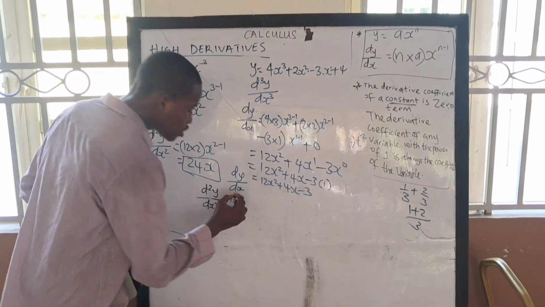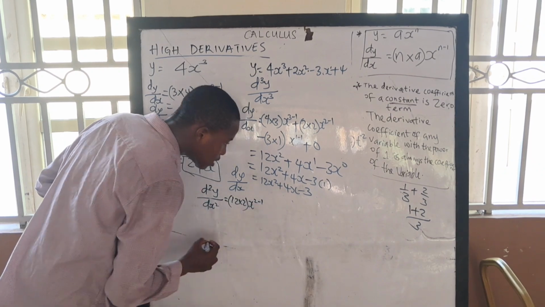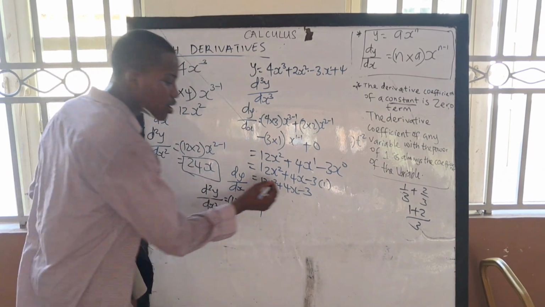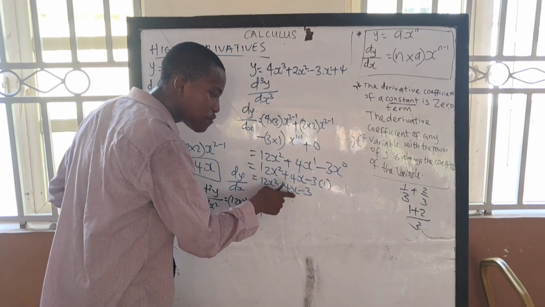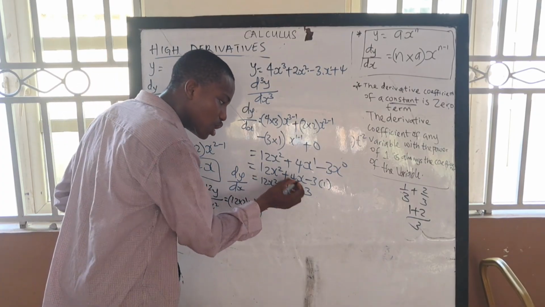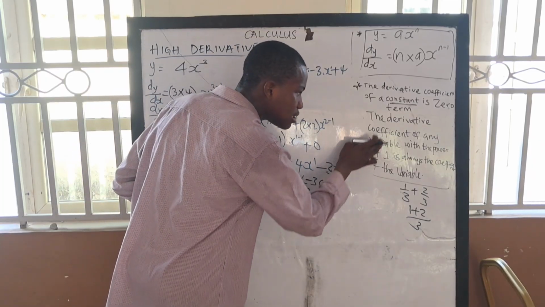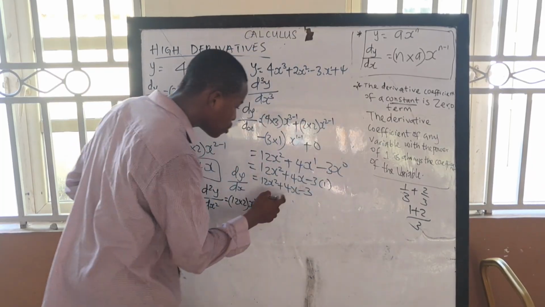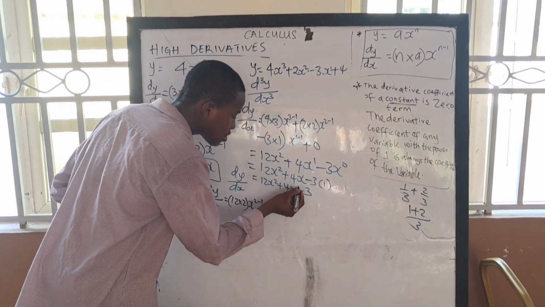Differentiating this is what? 12 times 2, right? x squared power 2 minus 1, plus, normally I know that the answer is 4. Why did I say 4? Because this is a variable. I'm differentiating this variable. What is the power of the variable? 1. And remember my key. Anytime you are differentiating a variable with power of 1, it's always what? The coefficient. But let's still go through the process. This is 1.